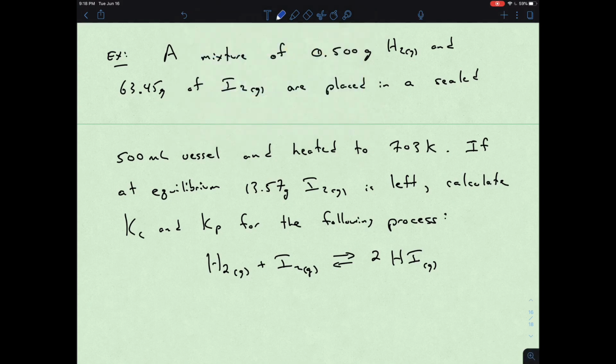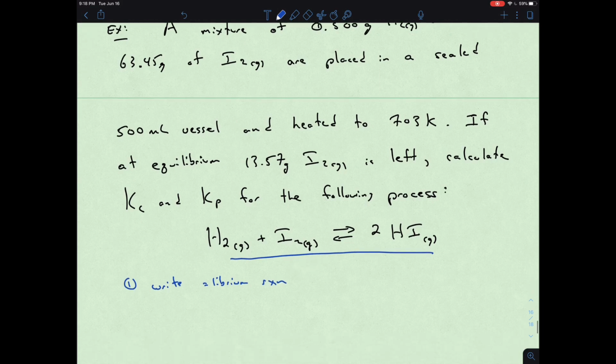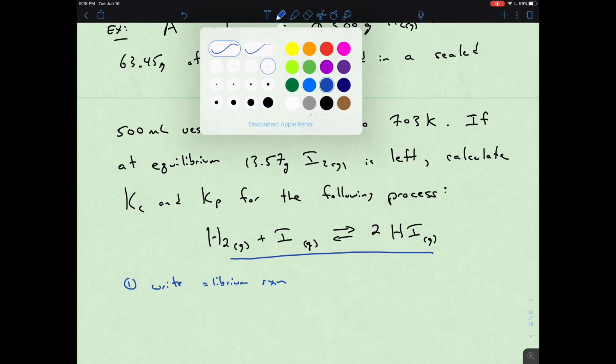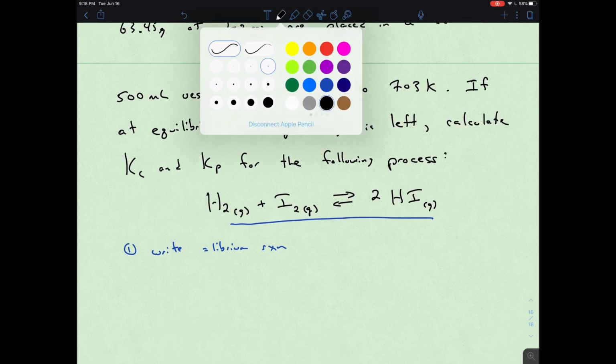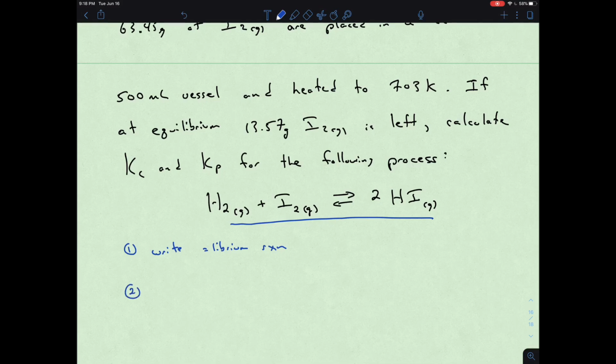So the first step is again to write our equilibrium reaction, which we've been given. So there's our process. That's now allowing us to set up our Keq, asking, what is that equal to?